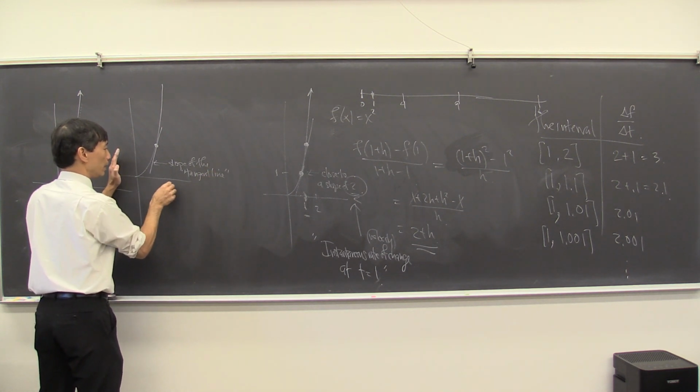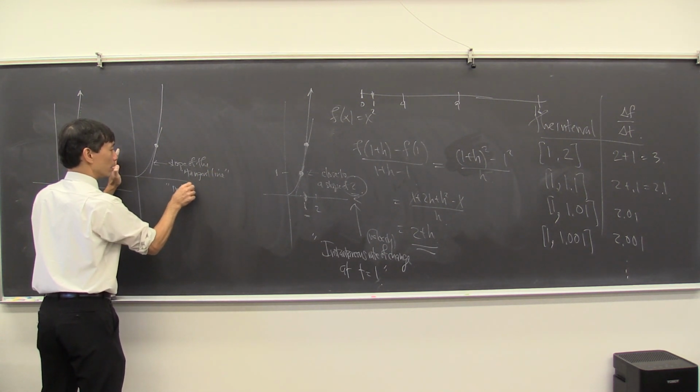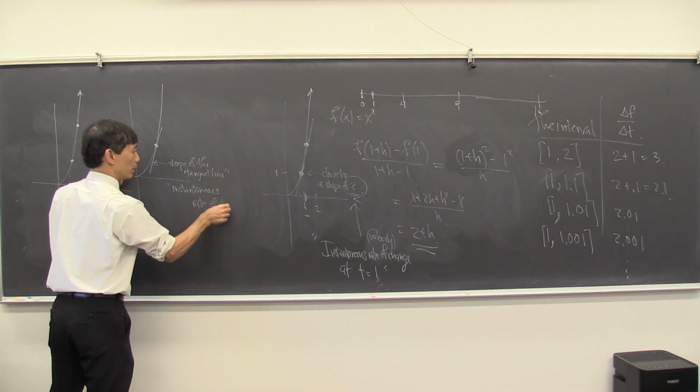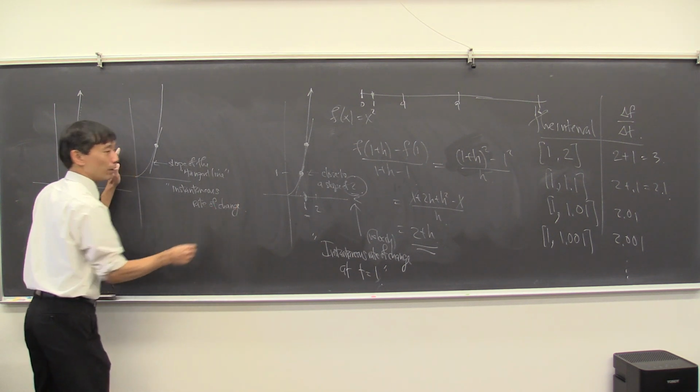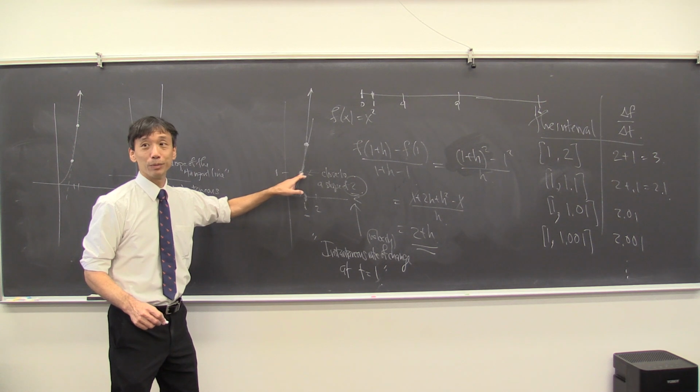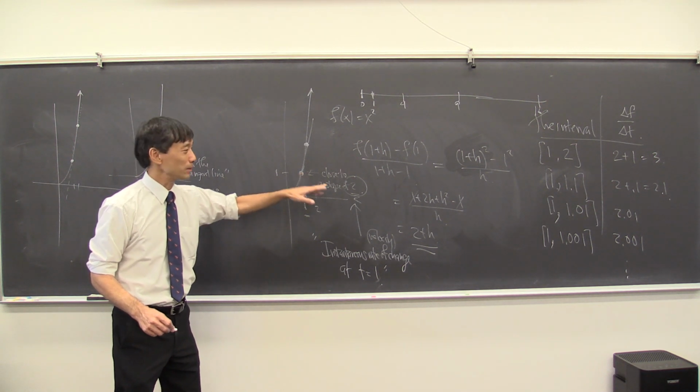So the slope of the tangent line is also called the instantaneous rate of change. And all I wanted you to see was that for this function, the rate of change here is 2. That's all we did here.